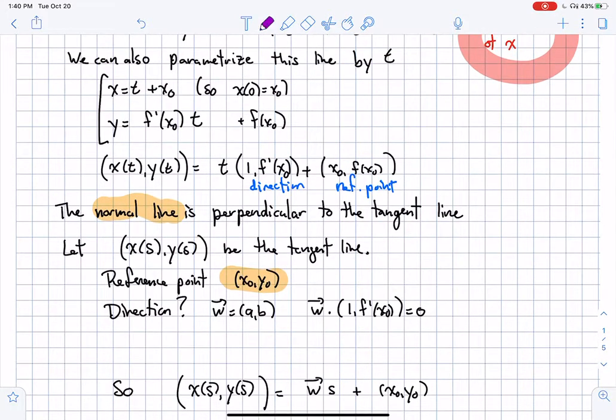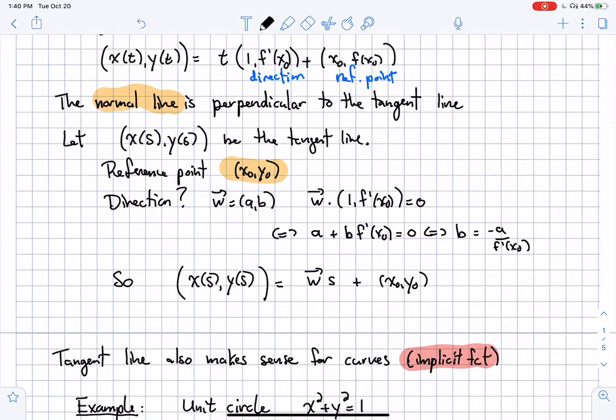If w is equal to (a, b), that's equivalent to saying that a plus b f'(x0) is equal to 0, or in other words, b is equal to minus a divided by f'(x0). So the directions are all multiples of (1, minus 1 over f'(x0)).